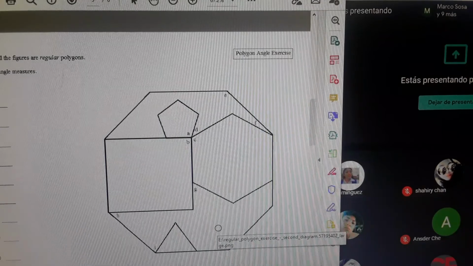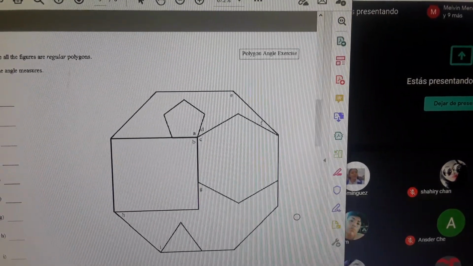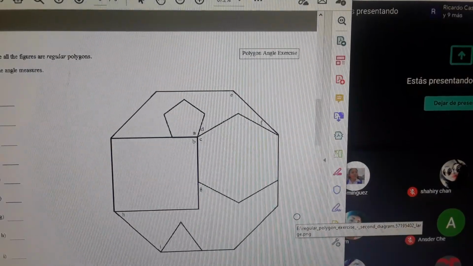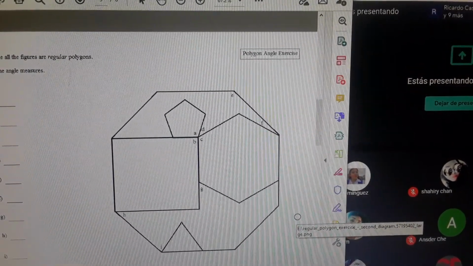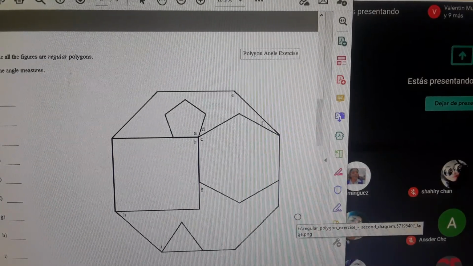Alright? So what we're going to be doing on this activity, guys, is that you will need to find out the angles of these polygons.